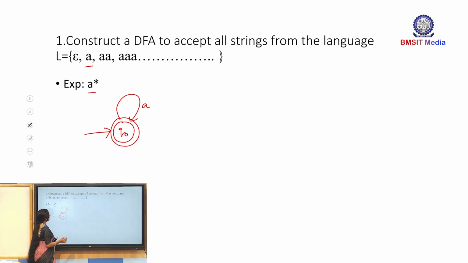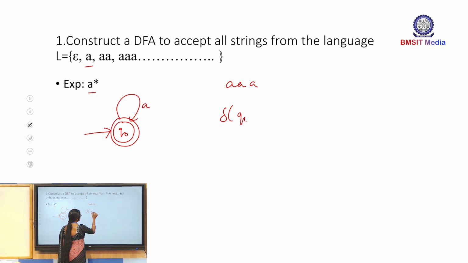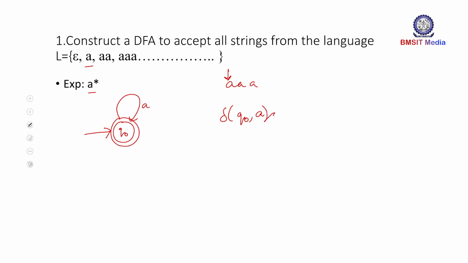Just to justify this, for example, if I take a string which is 3 occurrences of A's, I'll try to do the state transition for this. Initially we are in the Q0 state, which is the current state, on accepting an input symbol A. You can see that we still remain in the same state, Q0.